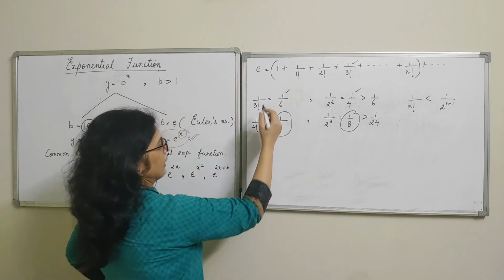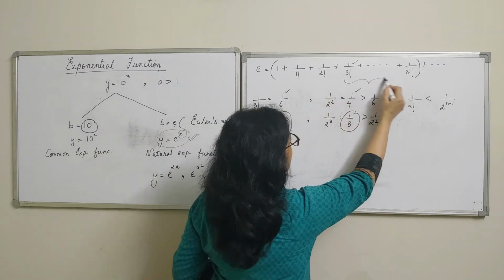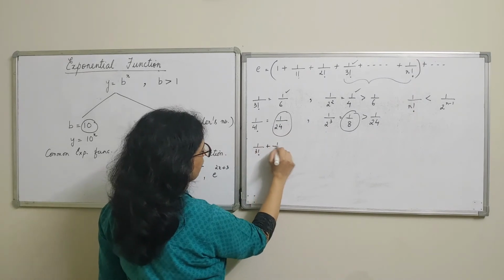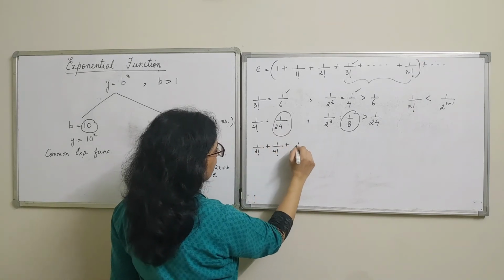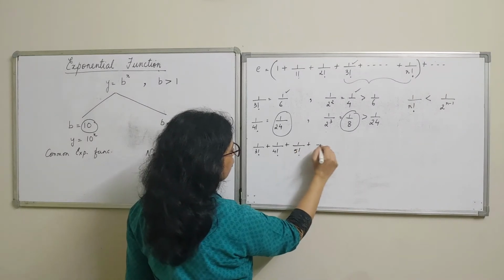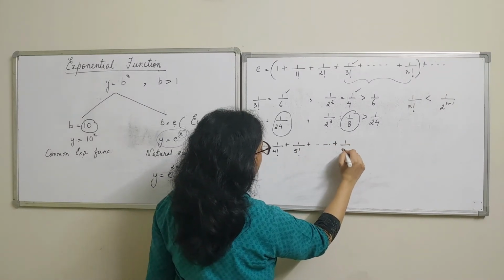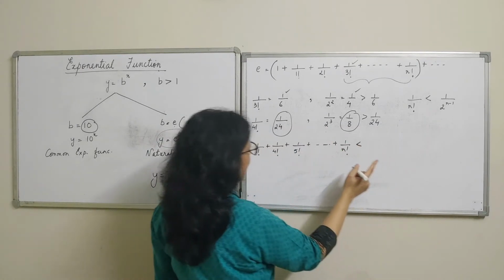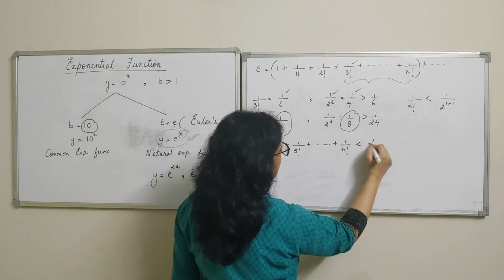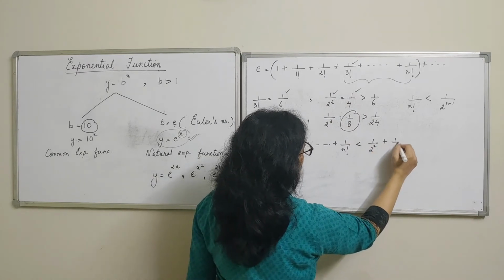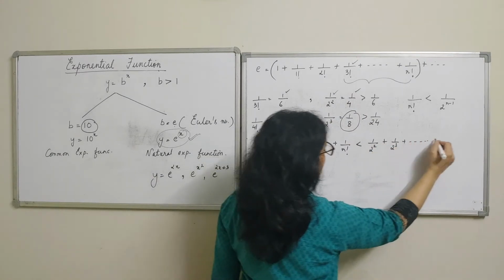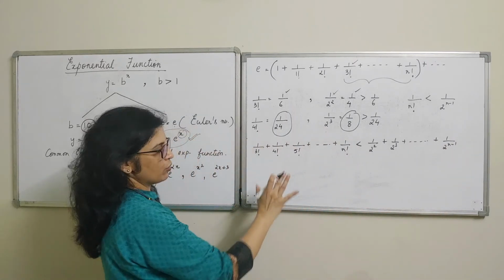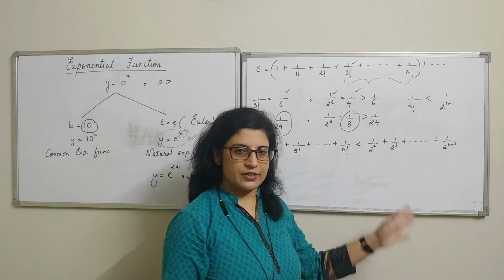So, let us take all these terms. Sum of all these terms, 1 upon 3 factorial plus 1 upon 4 factorial plus 1 upon 5 factorial till 1 upon n factorial, would be less than 1 upon 2 square plus 1 upon 2 cube till 1 upon 2 raised to power n minus 1. I think this inequality makes sense and is easy to understand.